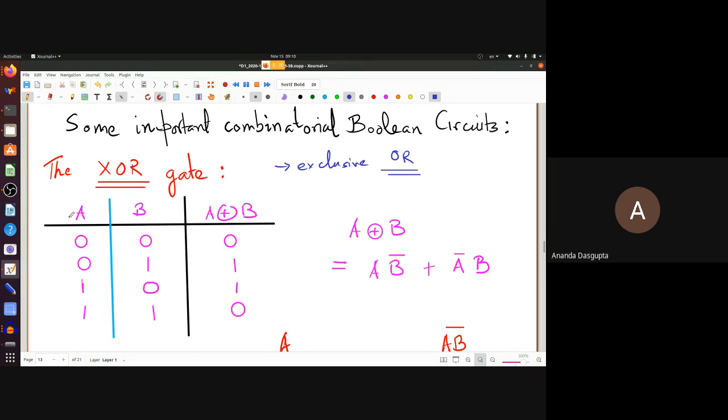So if you say score 20 is this one and fail is this one, the statement that I have made that you either score 20 or you fail, well, if both are false, that is, you don't score 20 and you don't fail, then that statement of course is false.